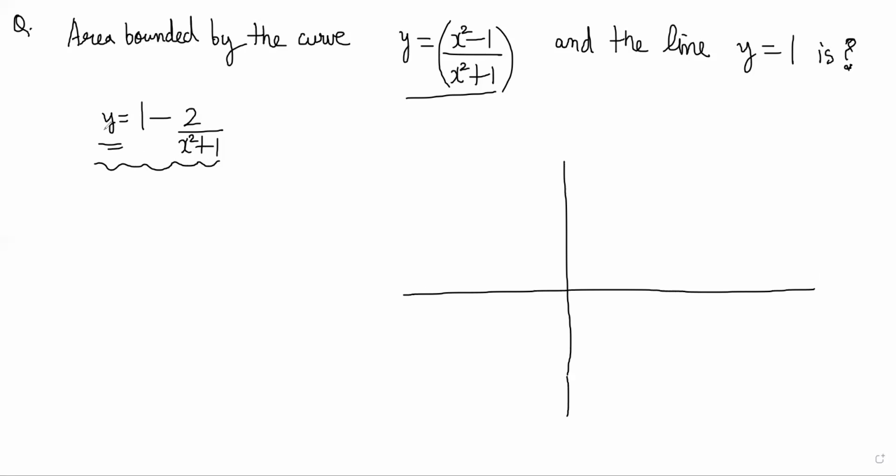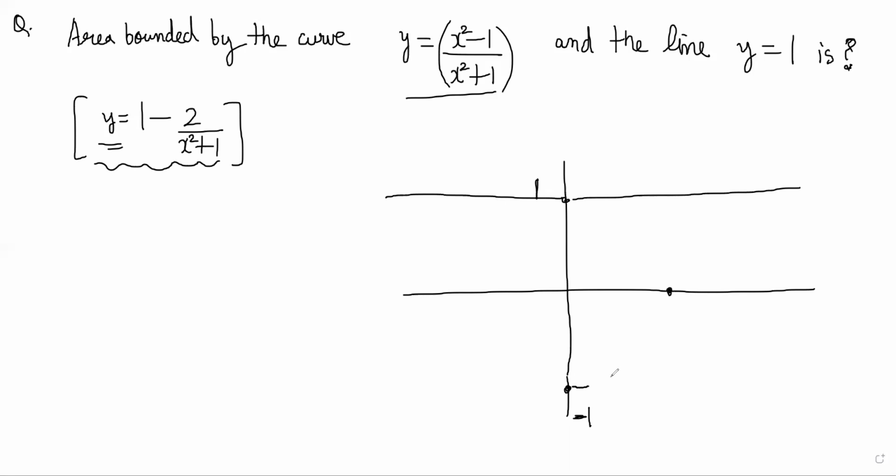What is the minimum possible value that y can take? X can be 0, then 1 minus 2, it will be minus 1. After that, at other points, you will see that it will rise up. Y is equal to 1 is this line. When x is 1, this will be 1 minus 1, 0.